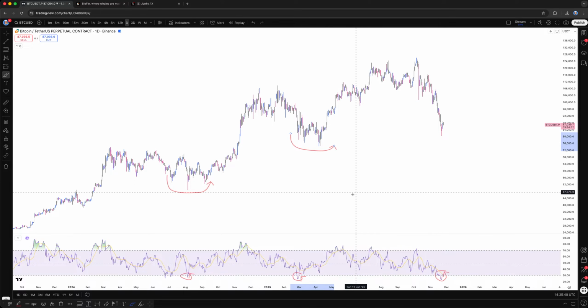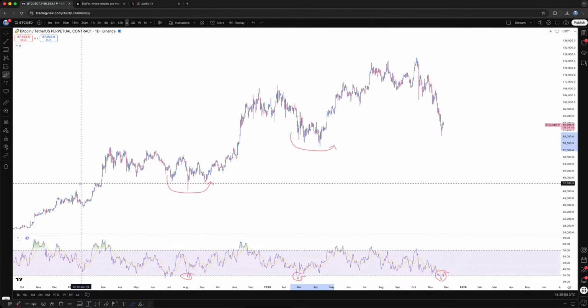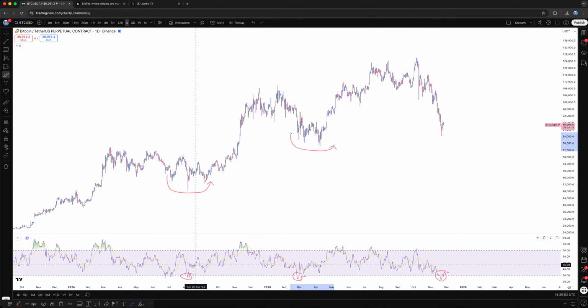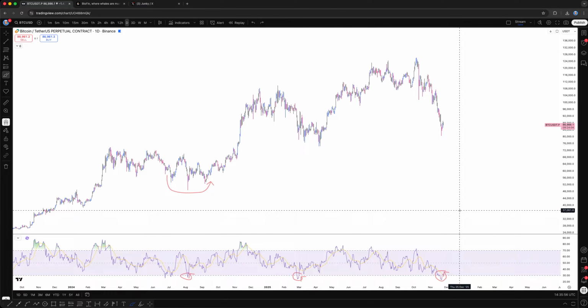As you can see, all the time we form this high time frame lower high, we were more or less in oversold territory. You will find on the Learn and Trade series an educational video on RSI and how I use it.